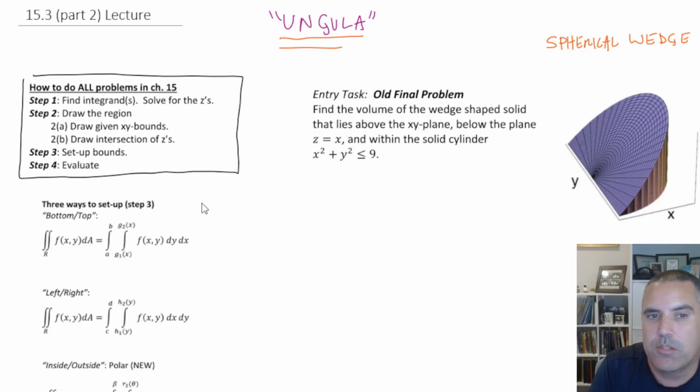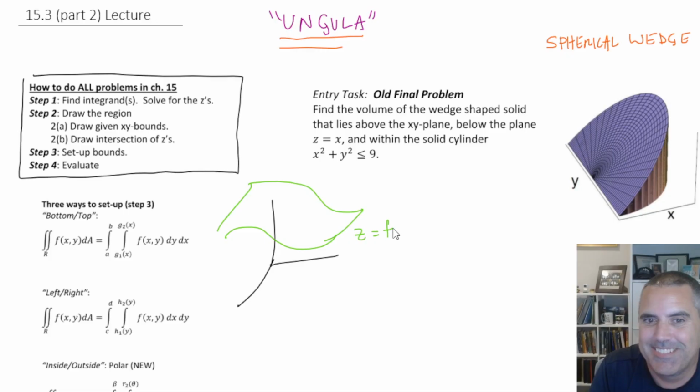You have some surface that's given. My surfaces always look like flying carpets. And you have some region on the ground. And we've seen how to deal with general regions, and we're finding the volume between them. It isn't so much that volume's the most important thing, it's the fact that you're learning how to measure things over a region.